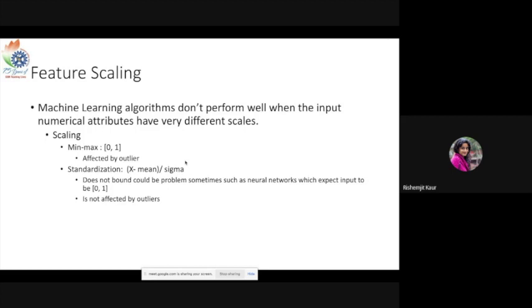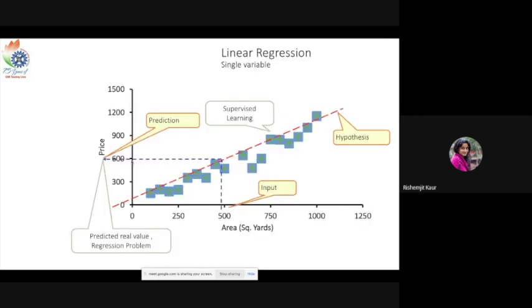So it gives us that sort of flexibility as well. These are generally the most used feature scaling methods. Remember that we do it individually for every variable. The number of bedrooms will have a different scaling, and the total number of rooms will have a different scaling. We do not take into consideration the relationship between them.